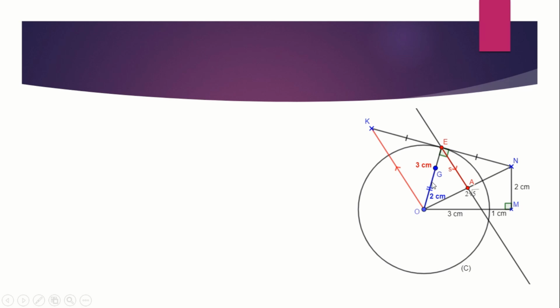Well, if we have one median only, how to prove a centroid? Here we should find a ratio. If you note something, OG over OE. We have the length of OG and we have the length of OE, the radius, which is 3 centimeter. Well, can't we say that OG over OE is 2 over 3? If we have a median and the distance from the vertex to the centroid is 2/3 the median, then this point is exactly the centroid of the triangle.